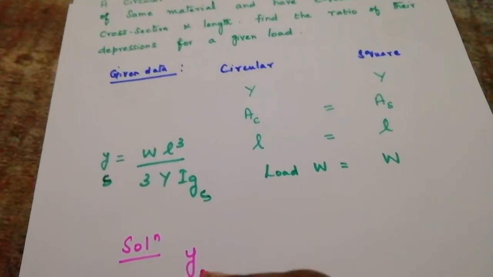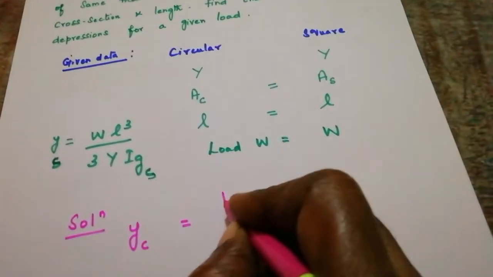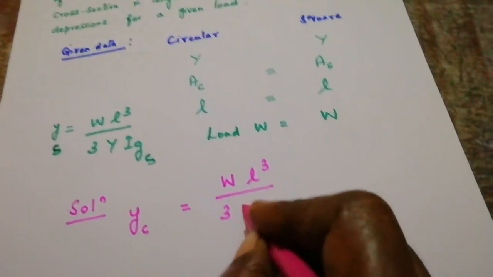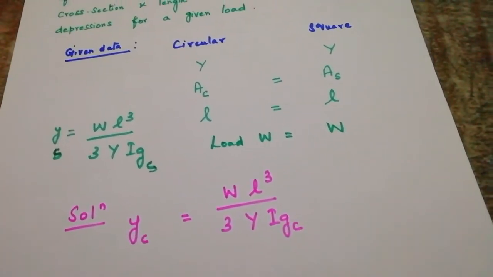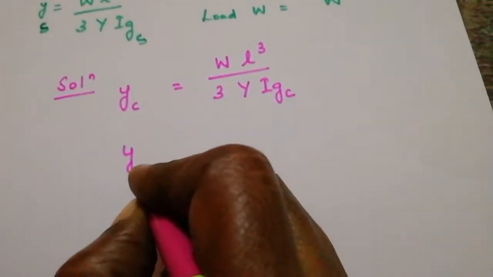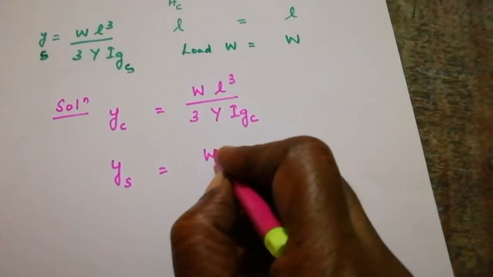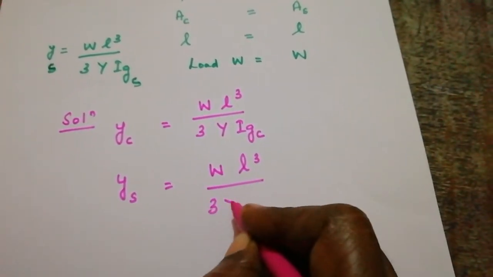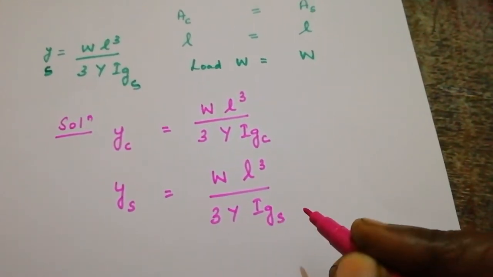So the question is a circular and a square cantilever. For circular, Yc is equal to W L cube divided by 3 Y Ig with the C, and Ys for the square cantilever is equal to W L cube divided by 3 Y geometrical moment of inertia of a square cantilever.